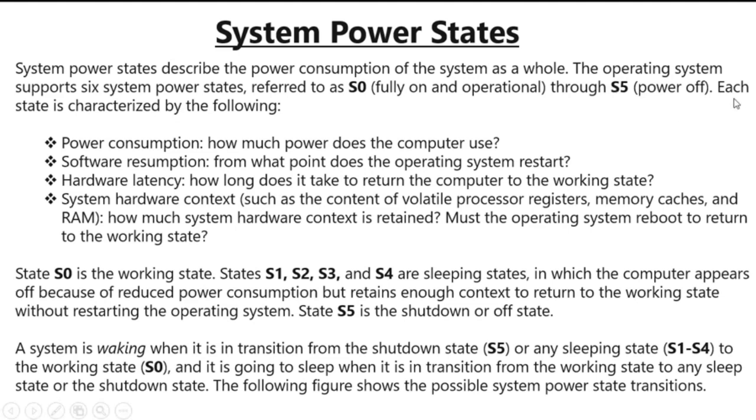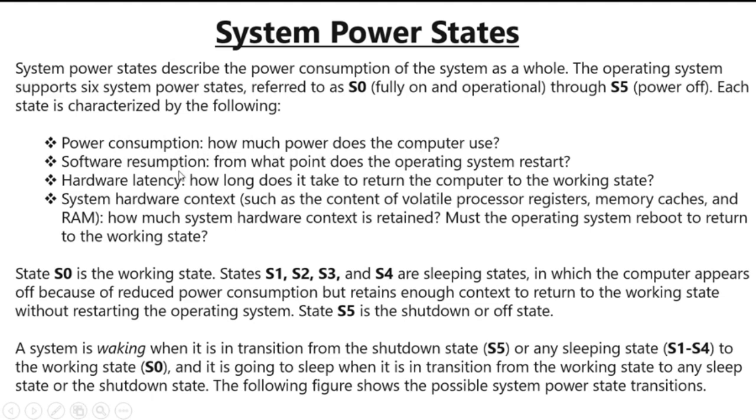Each state is characterized by power consumption: how much power does the computer use? The power consumed by the laptop in S0, for example, is not like S5. S5 is the power off state, so no power is consumed. But in S0, the laptop is in full operation, so it will consume more power.